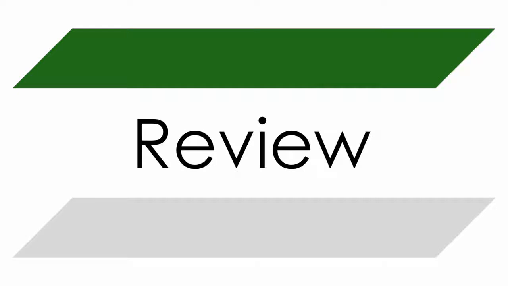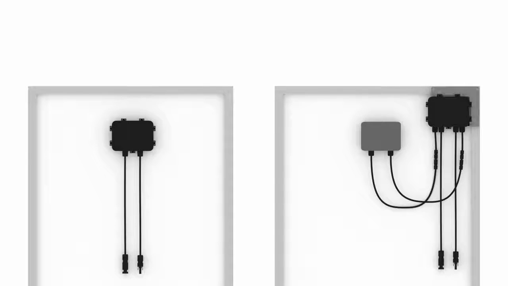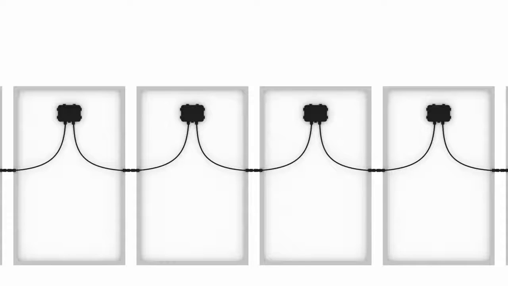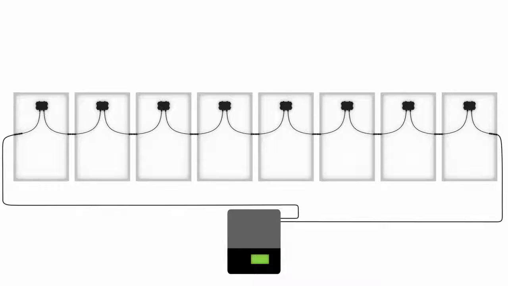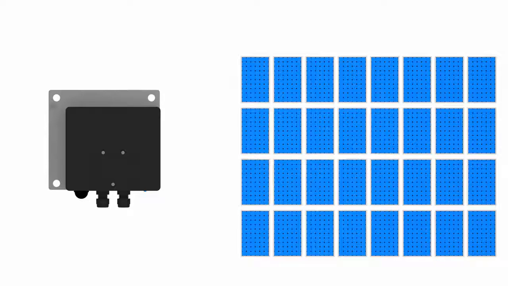Let's review the installation steps. Install your TS4 Smart Modules or TS4R add-on units on your standard modules. Wire the TS4 cables together in series. Place your gateway in a central location.